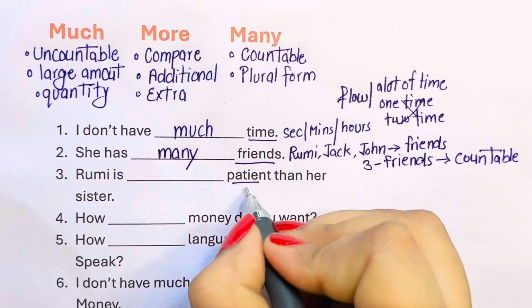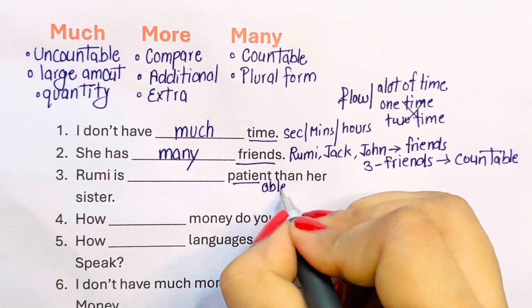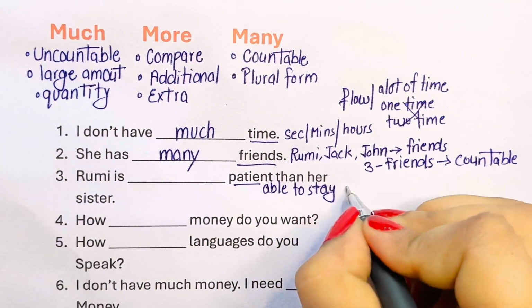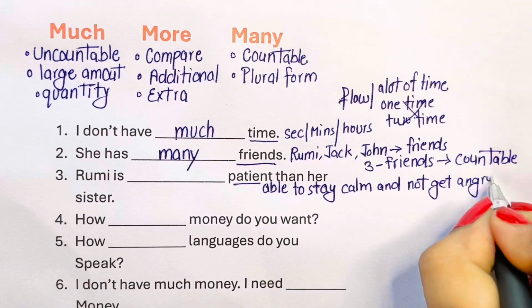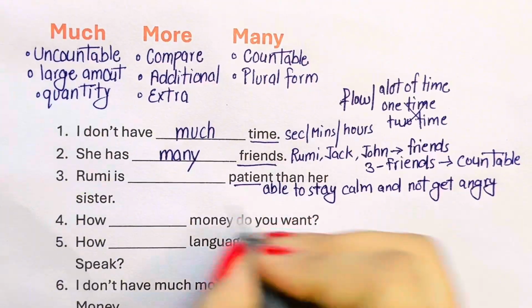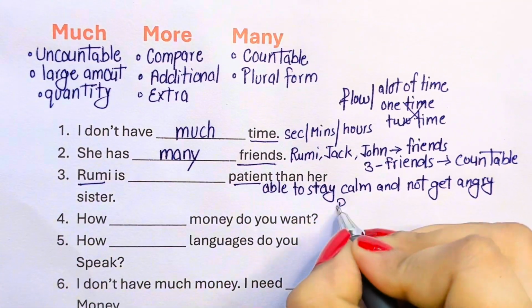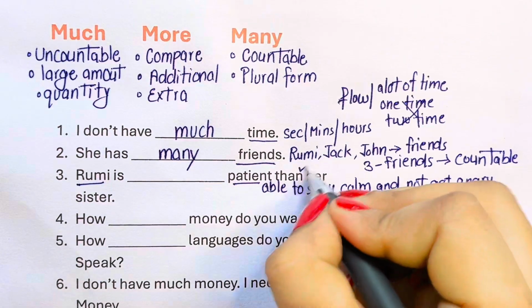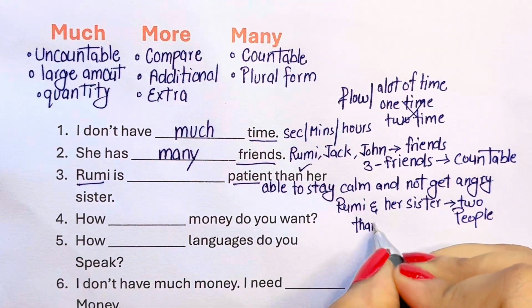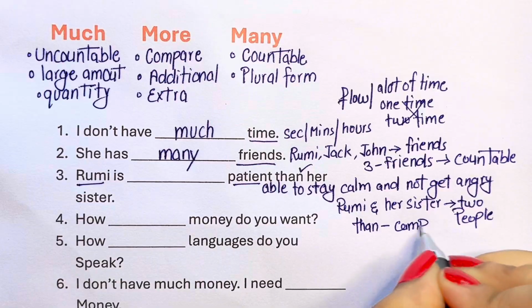Next one. Rumi is blank patient than her sister. Patient means able to stay calm and not get angry. Okay? In this sentence, there are 2 persons, Rumi and her sister. Then implies a comparison between 2 people.